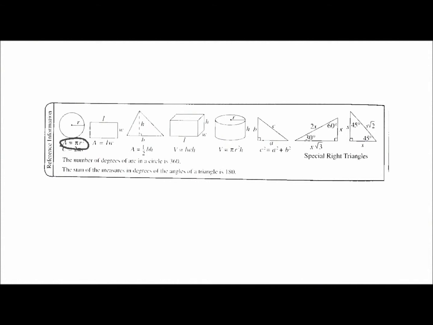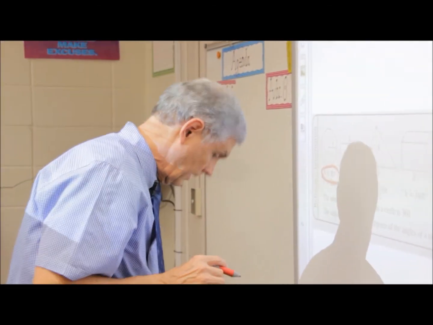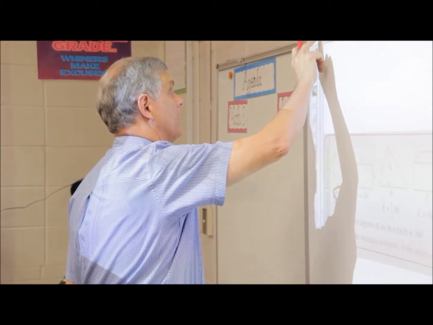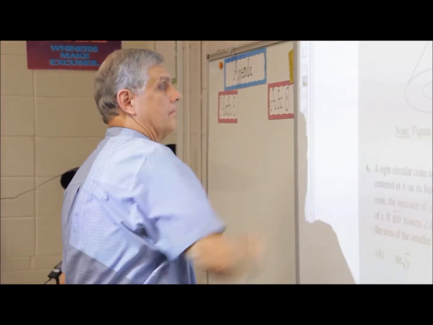The side opposite the 30 degrees, which you call x here, is exactly 1/2 of the hypotenuse. Or saying that the other way, the hypotenuse is exactly twice that side opposite the 30 degrees. And the side that's opposite the 60 degrees is the side opposite the 30 degrees times the square root of 3. So let's go back now and use this information, if we can, in our problem.